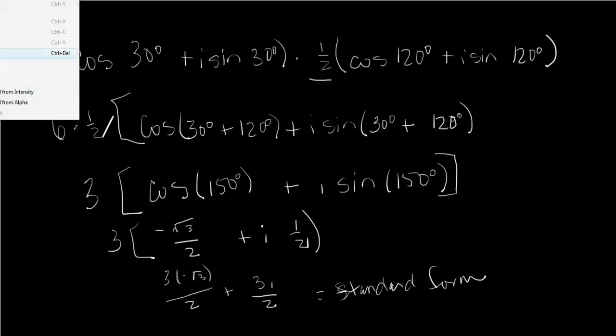Let's try another one. What about this problem? This looks a little more like what we started with in this chapter. Negative 4i times negative 3 minus 5i.